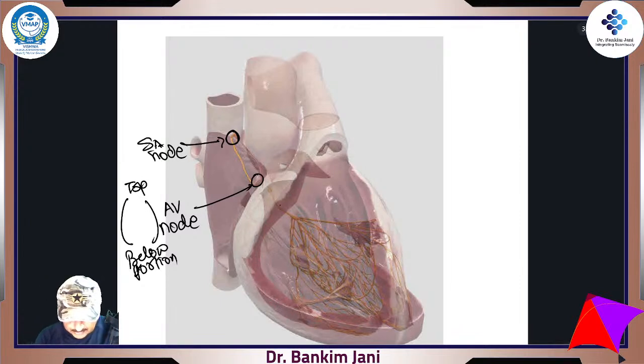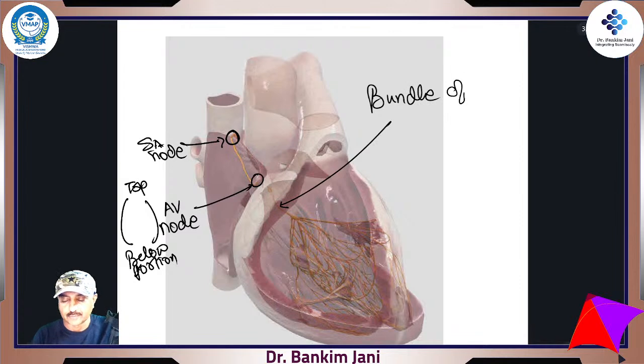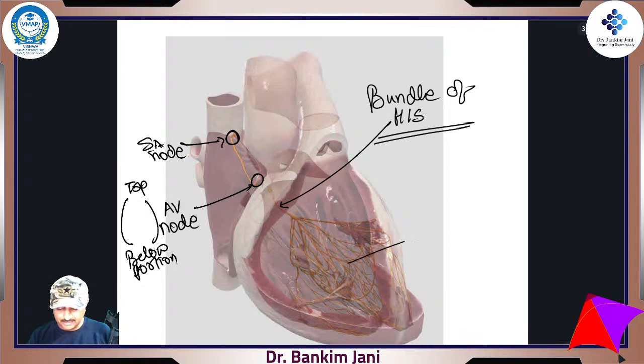Then this leads to a bundle called the bundle of His. There is nothing like bundle of her, it is bundle of His. And then all the Purkinje fibers. These are the Purkinje fibers.